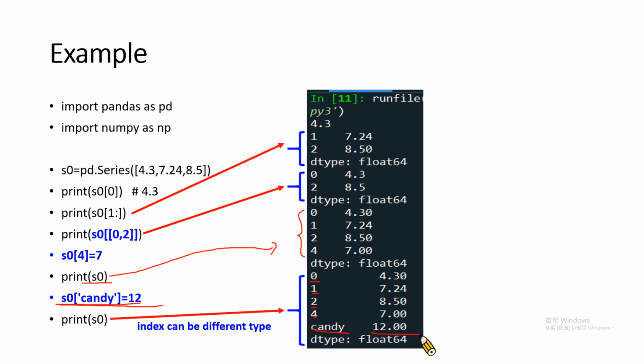And the value for the candy index is 12. Note that the index can be of different types. Like in this example, the first 4 indexes are integers, and the last index is a string.